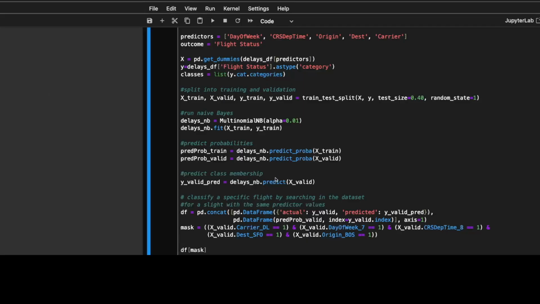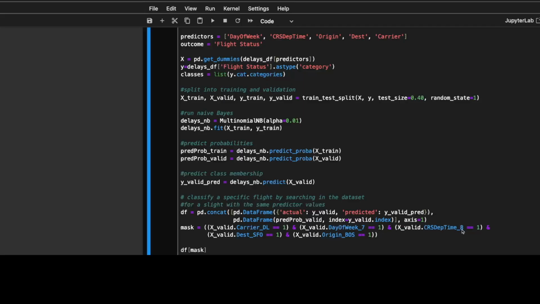Once we have done that, we also classify a specific flight to see whether we have predicted it correctly, what exactly our prediction for that flight is, whether it's delayed or on time, and whether what we predicted is similar to what actually happened. So here the specific flight is a Delta flight. So DL, the Delta carrier, is equal to 1. We're looking at Sunday, so 7 is Sunday equals 1.